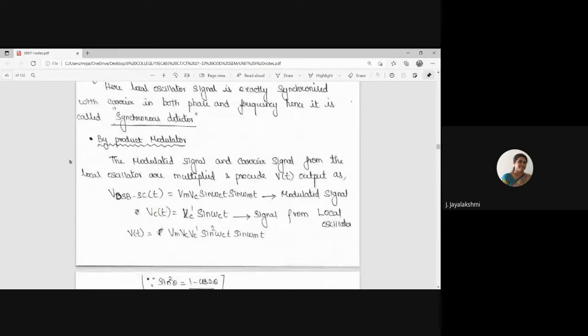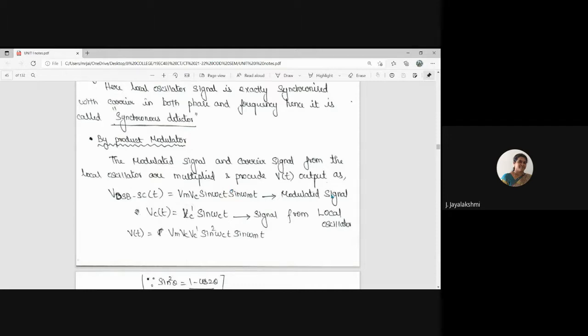And here we have a product modulator. This product modulator multiplies the modulated signal with the carrier signal, which is locally generated. So this is going to be the modulated signal. The modulated signal comprises Vm into Vc, the carrier signal, as well as the modulating signal. So this is the output signal. This is the input to the demodulator circuit. This is actually the output from the modulator circuit or from the AM generator.